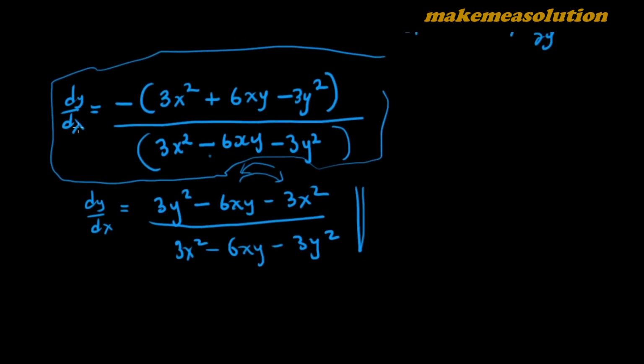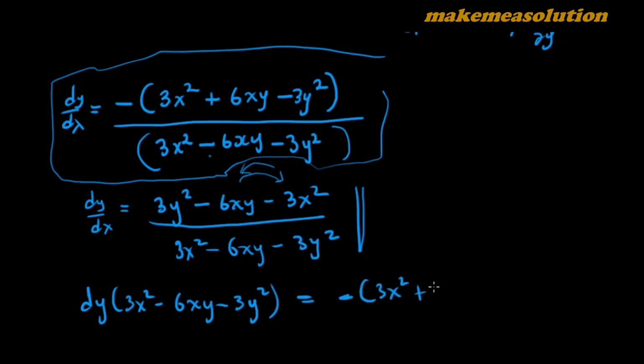Now that we've found the derivative of this particular term with respect to x, the dy/dx, if we cross multiply, you get dy times (3x squared minus 6xy minus 3y squared) is equal to (minus 3x squared plus 6xy minus 3y squared) dx.